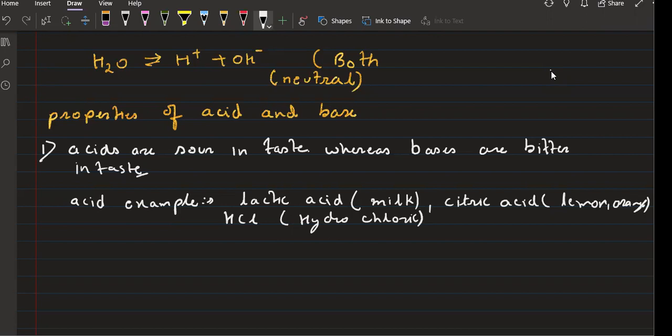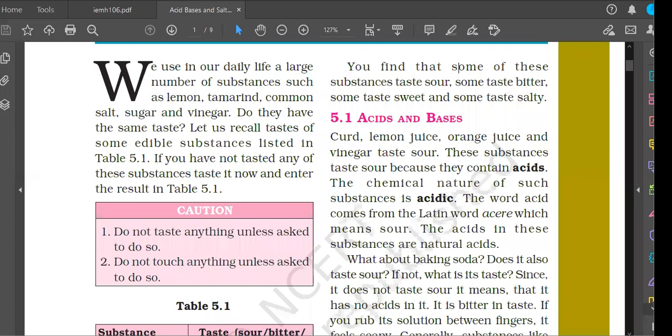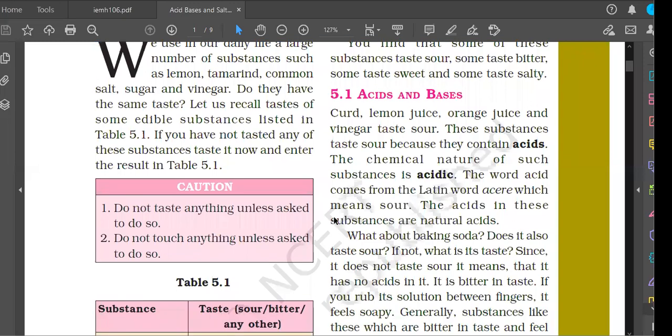Tell me, everyone. Yes, where? So hydrochloric acid is mostly used to clean your washrooms. Okay, yes, very good.